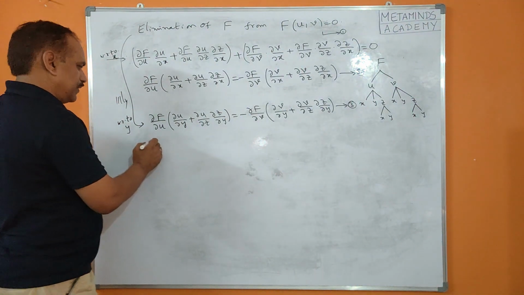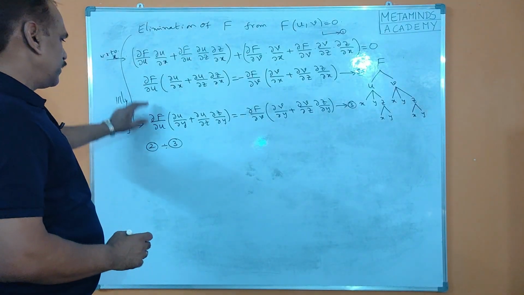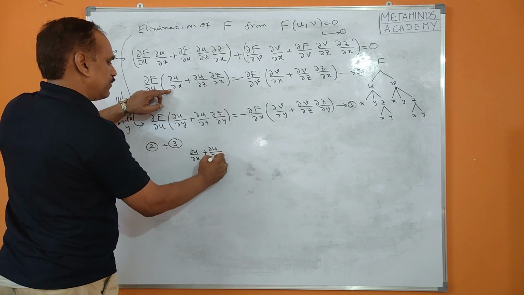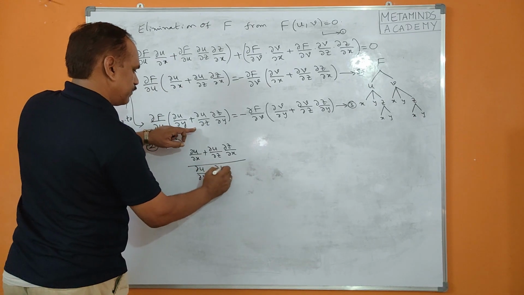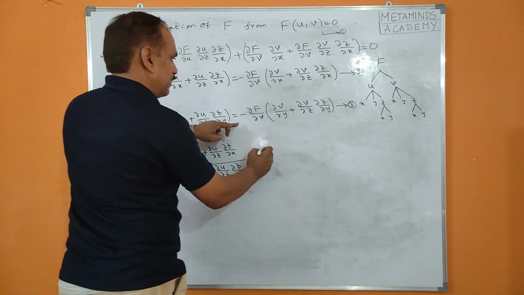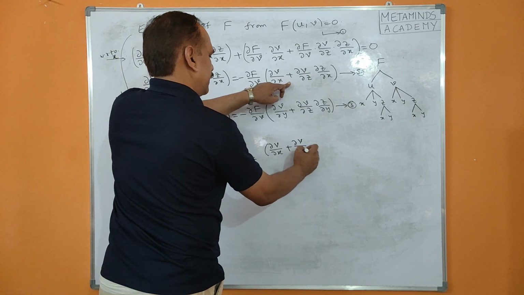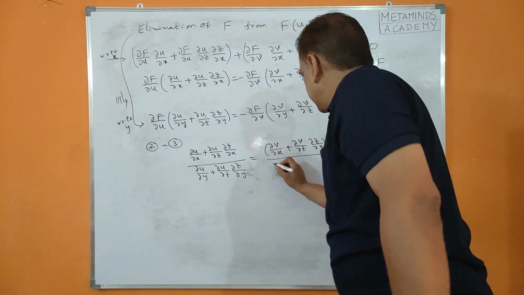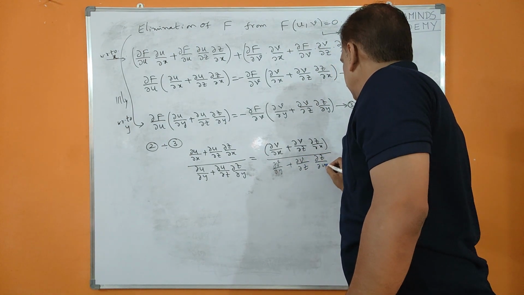Now divide equation 2 by 3. The dou f by dou u cancels on the LHS, and you will get dou u by dou x plus dou u by dou z into dou z by dou x, by dou u by dou y plus dou u by dou z into dou z by dou y, equal to, again these two cancel, so the minus signs are also gone, dou v by dou x plus dou v by dou z into dou z by dou x, by dou v by dou y plus dou v by dou z into dou z by dou y.